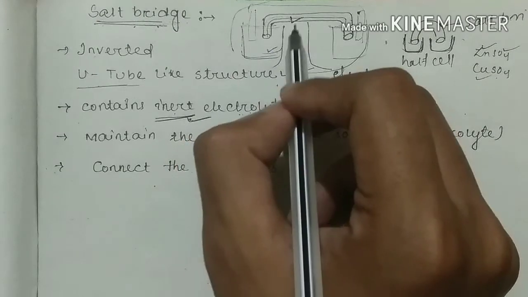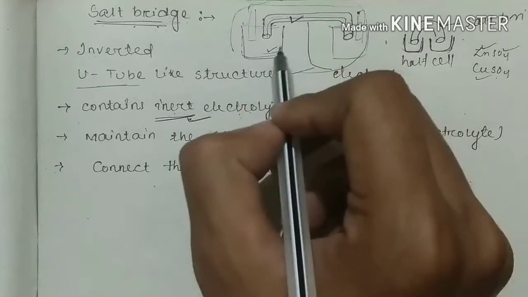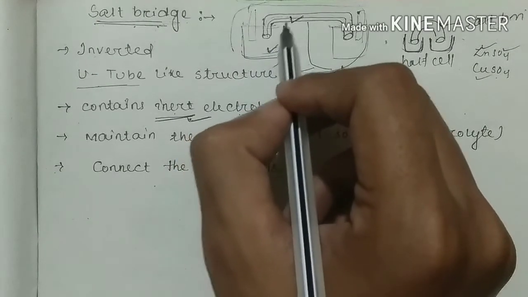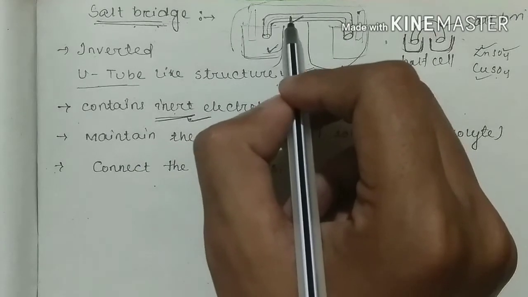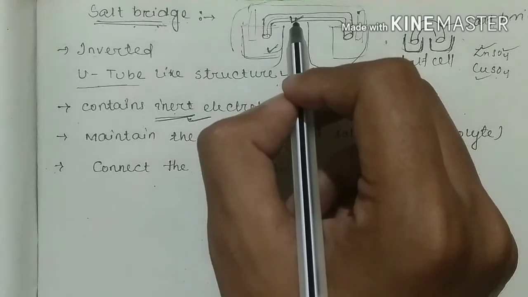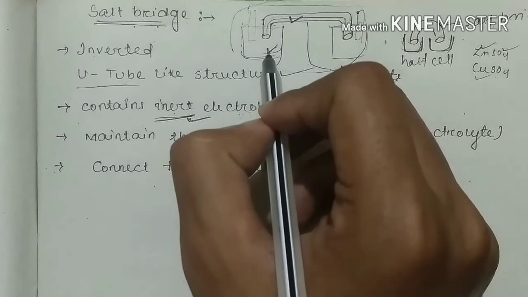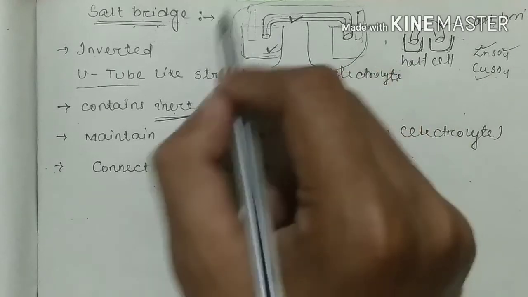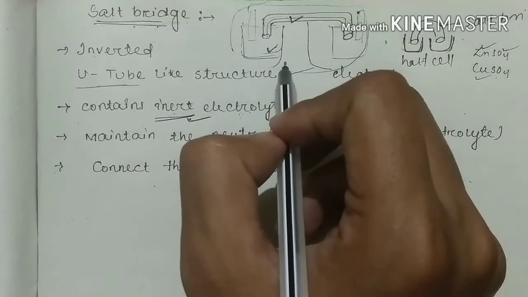So the electrolyte of the salt bridge and half cell should be inert, so the reaction between them will not occur and the device will work properly.